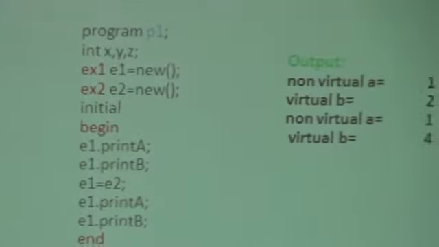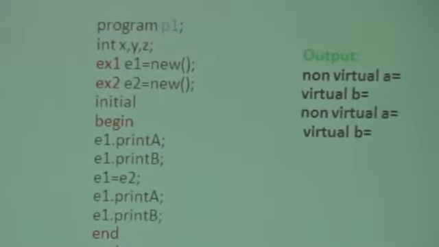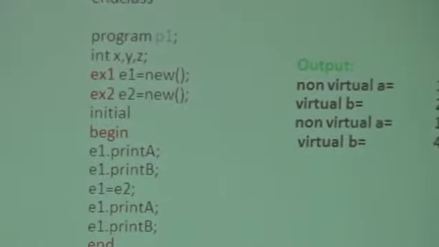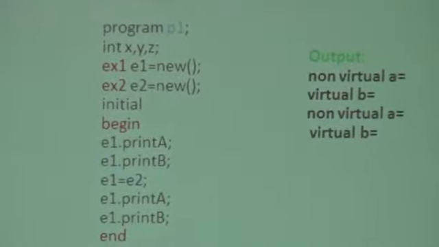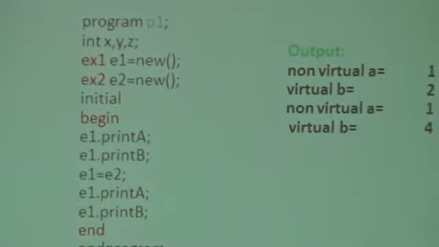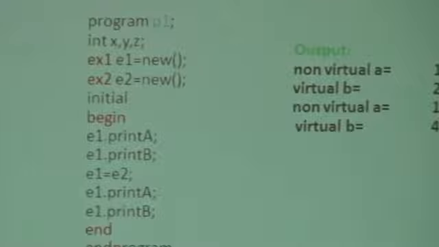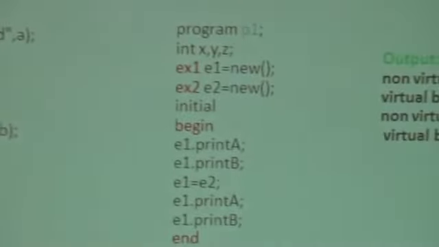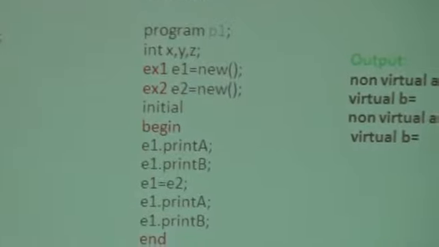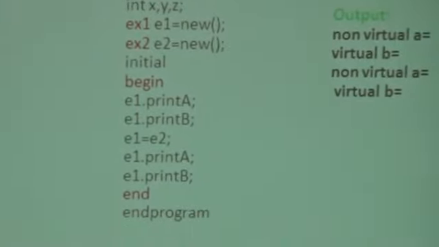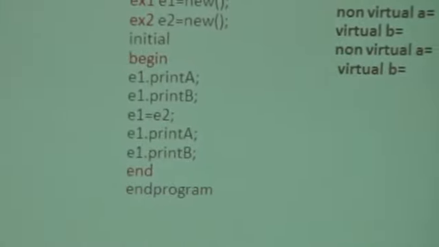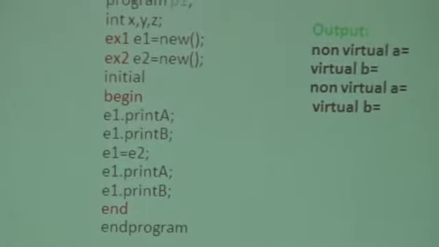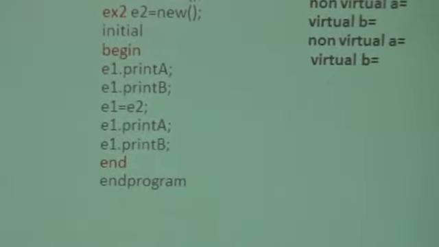In program P1, I just initialized three values: int x, y, z. ex1 e1, since ex1 is my super class name and e1 is my variable, and I created memory for it, and e2 I have also created memory for it. Then initial begin, and I try to print the value of e1.print a.